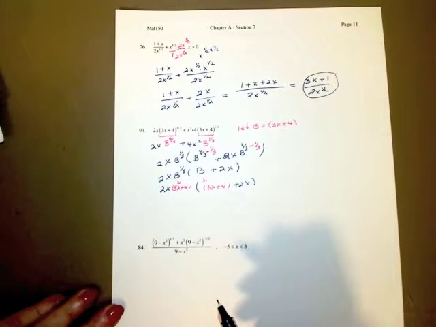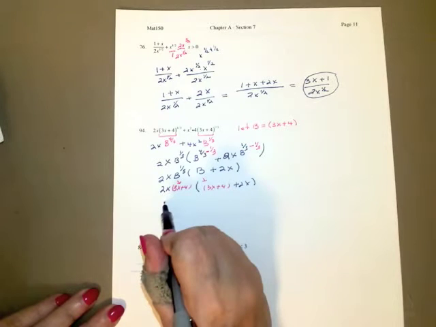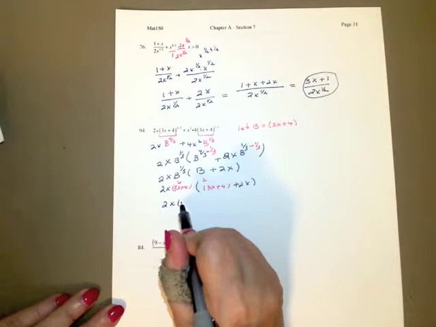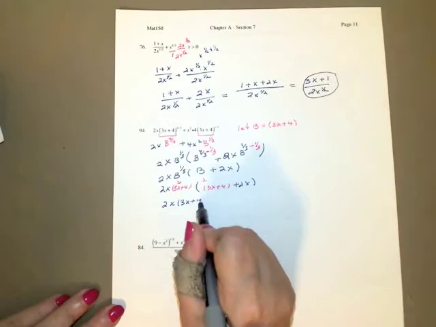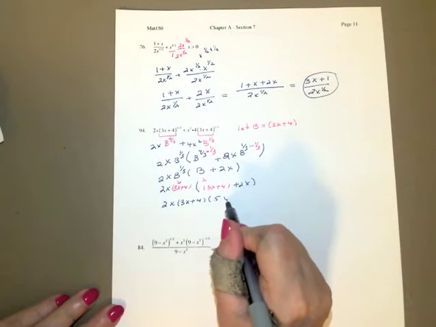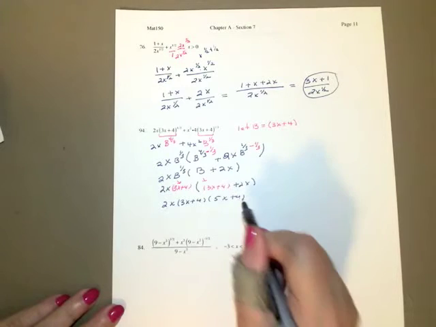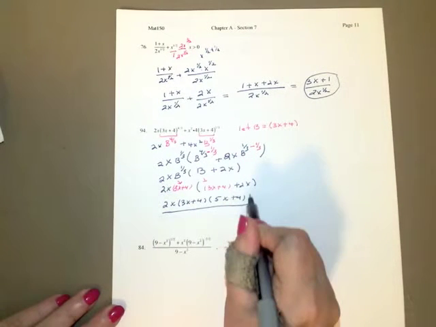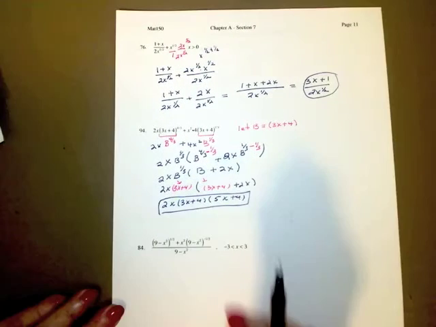Remove parentheses and combine like terms. I get 2x times 3x plus 4 times, 3x plus 2x is 5x plus 4. Really can't do anything else, so that becomes my final answer.